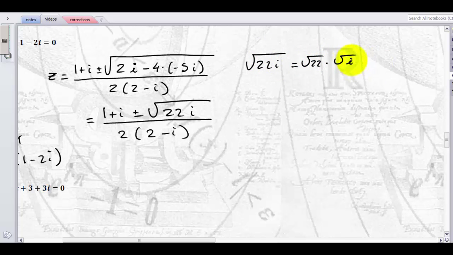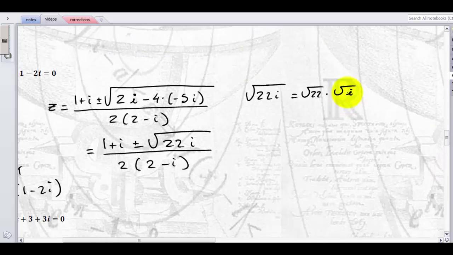And the square root of i, guys, this is from the previous lesson. This is the principal square root of i. If you check out lecture 33, it is 1 over root 2 plus 1 over root 2 i.